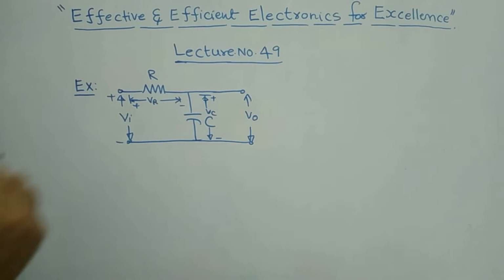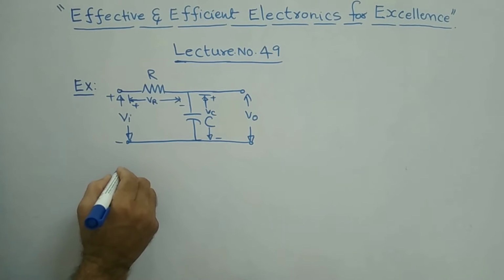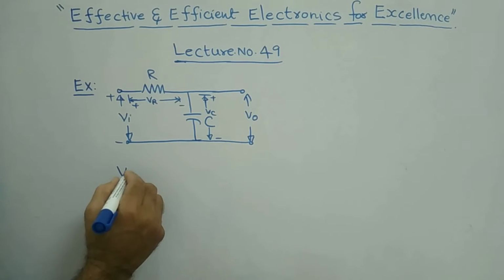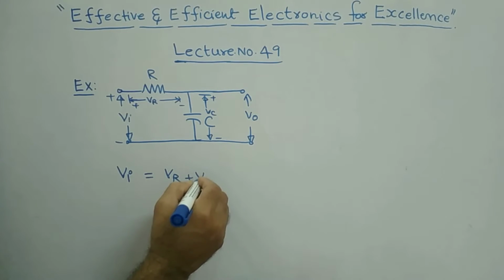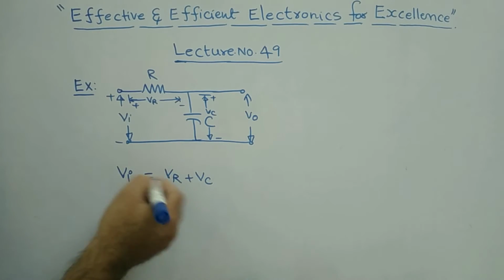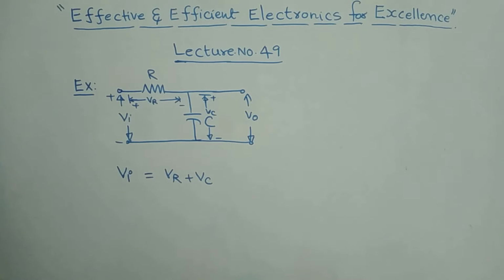According to KVL, the input voltage Vi is equal to VR plus VC. It is the sum of the resistor voltage plus the capacitor voltage.